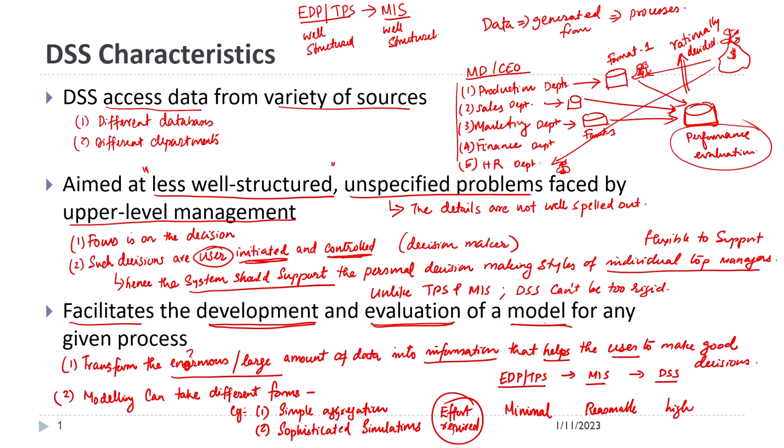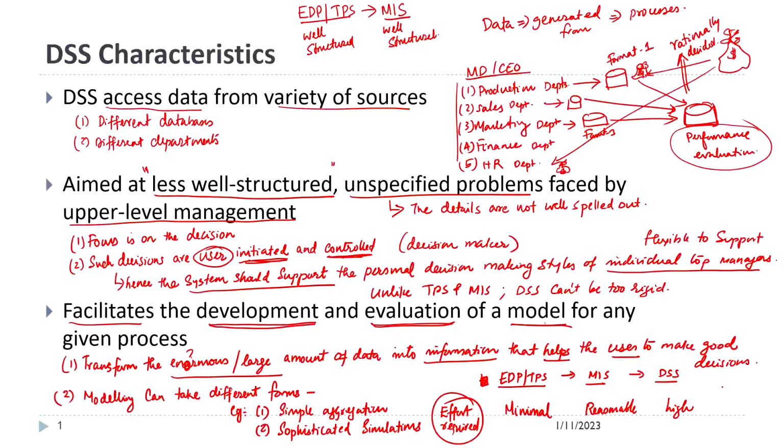So, the DSS in a way is an evolution of MIS, but with the intention of getting relevant information from different databases, different departments, different sources, and in different forms, bringing it together to one place, and collating it in such a way that the top level decision maker can look into it.